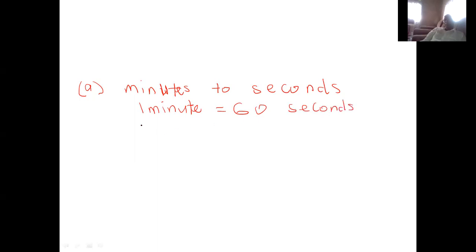So we have been told that we have 3 minutes, which should give us x seconds. And so we can cross multiply and say x multiplied by 1 will give us 3 multiplied by 60.